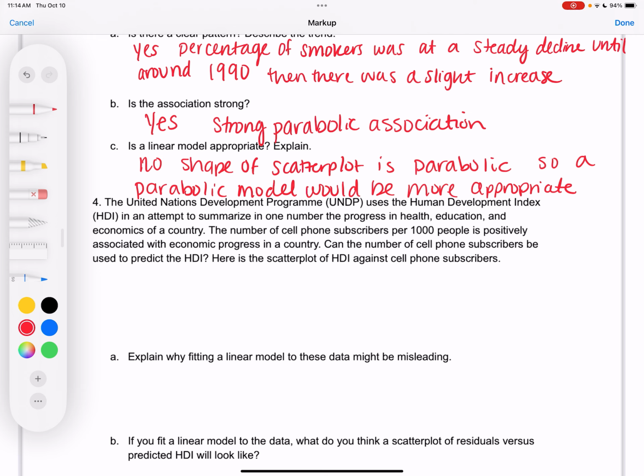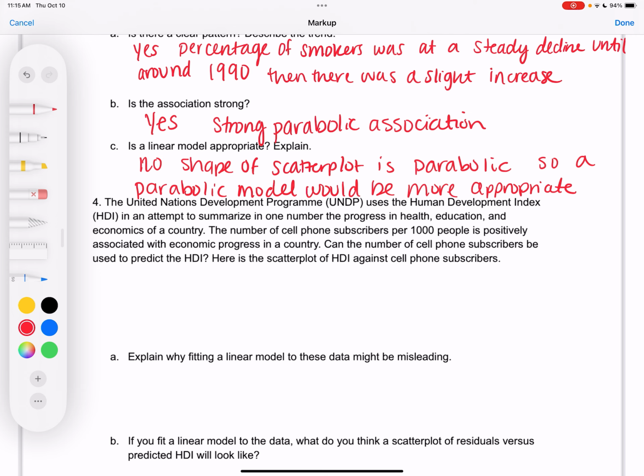All right, number 4 ties to number 3, but we don't have to have done 3 to do 4, so there's a scatter plot with number 4 also. The United Nations Development Program uses the Human Development Index, the HDI, in an attempt to summarize in one number the progress in health, education, and economics of a country.